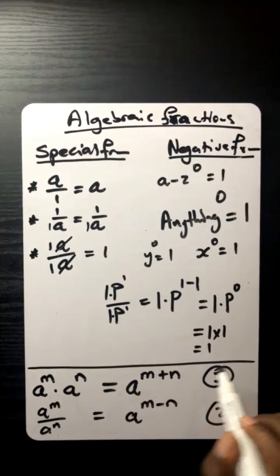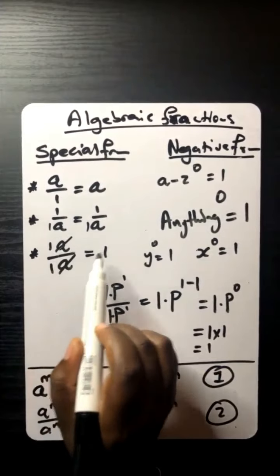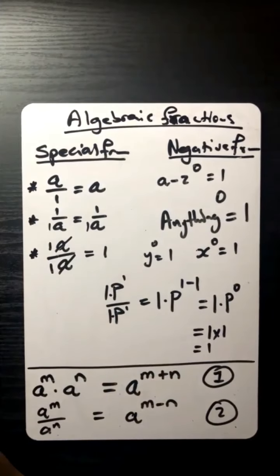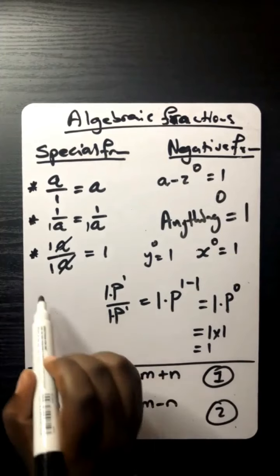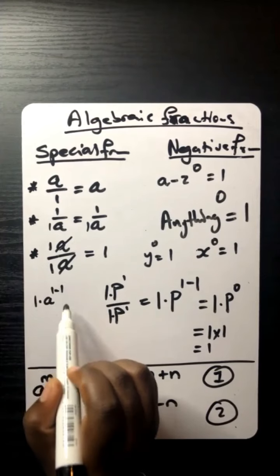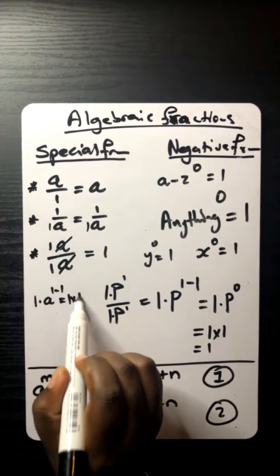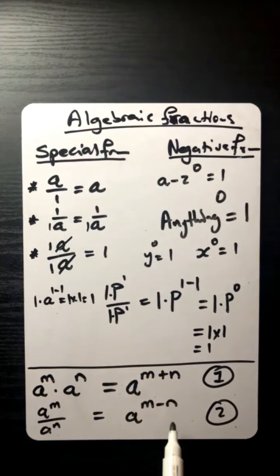It's equals to 1. So can you see the reason why a divided by a is equals to 1? Yes, sir. So it's the same principle. It's 1 multiplied by a to the exponent 1 minus 1, which is equals to, you know, this is 0, then it's 1 multiplied by 1, which is equals to 1.